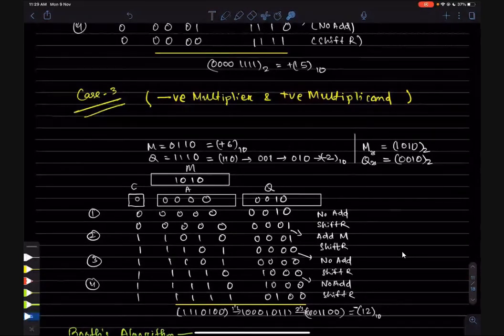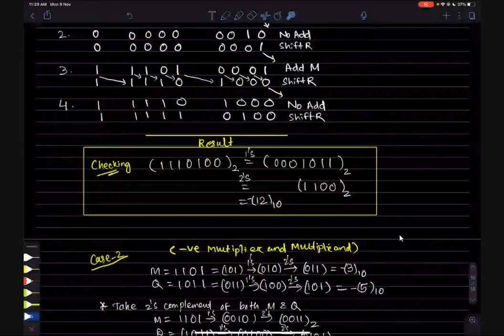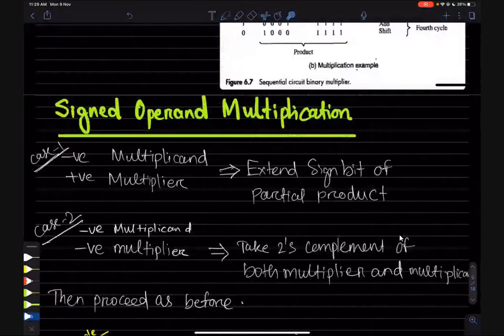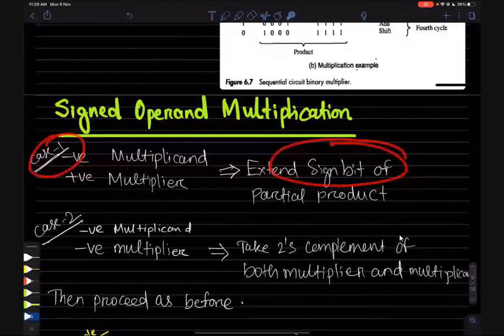Then what is the technique here? Just take the 2's complement of m and q and do the multiplication process, using the sign bit extension. Sign bit extension also you have to use, and also 2's complement, both. In case 1 we are using the sign bit extension method.